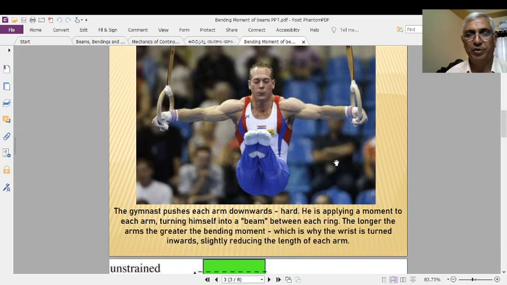He is able to support himself and hang in the air, and produce the given posture he wants to show.